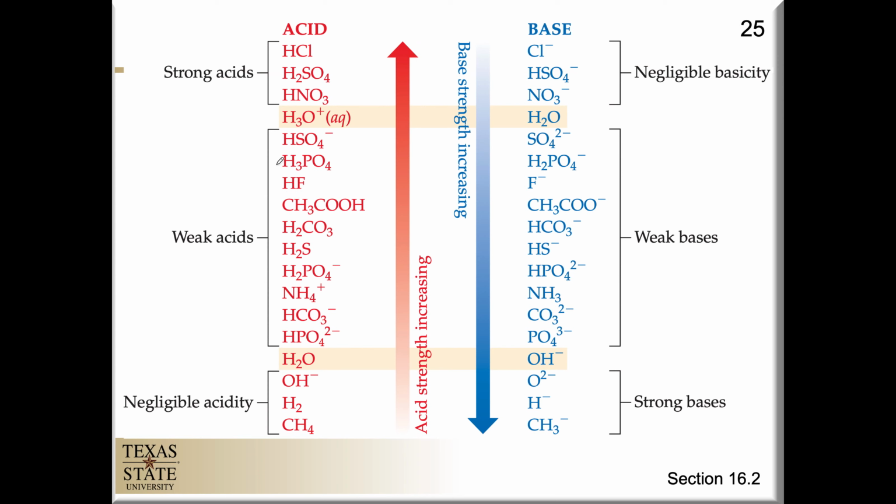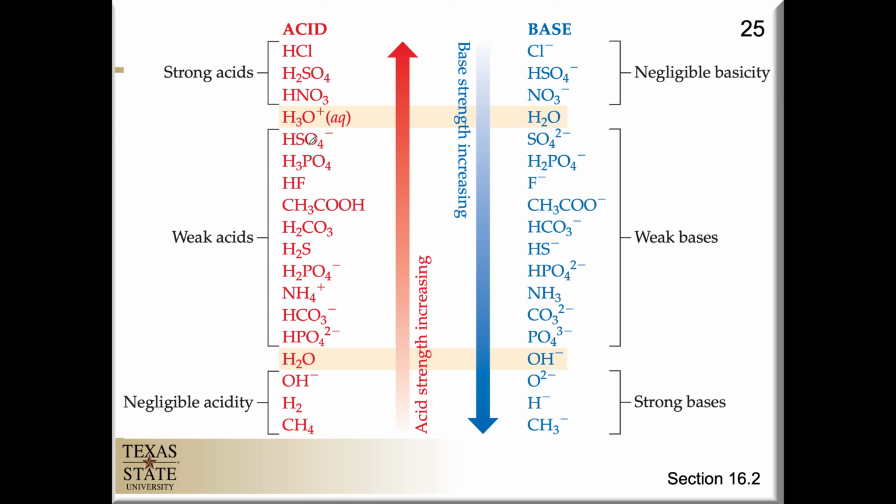We also touched on this table that contains a summary or a list of acids on the left and their conjugate bases on the right-hand side, and is organized according to strength. On the very top, we have the strong acids, followed by the hydronium ion, which is a fairly strong acid because, as you know, water doesn't want to have that extra hydrogen ion. It would rather be in its neutral form, so it wants to donate a proton.